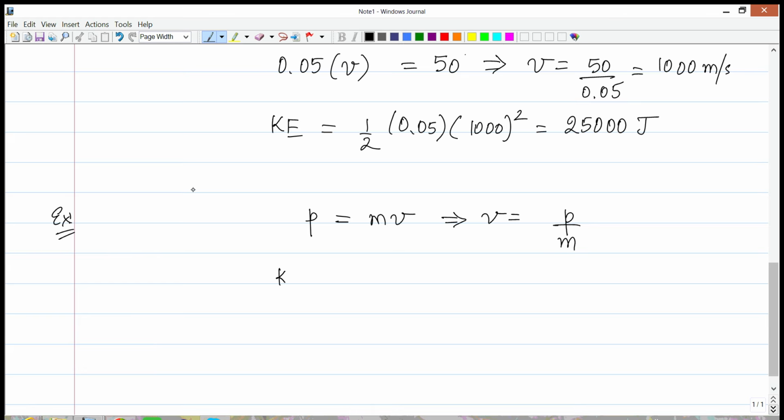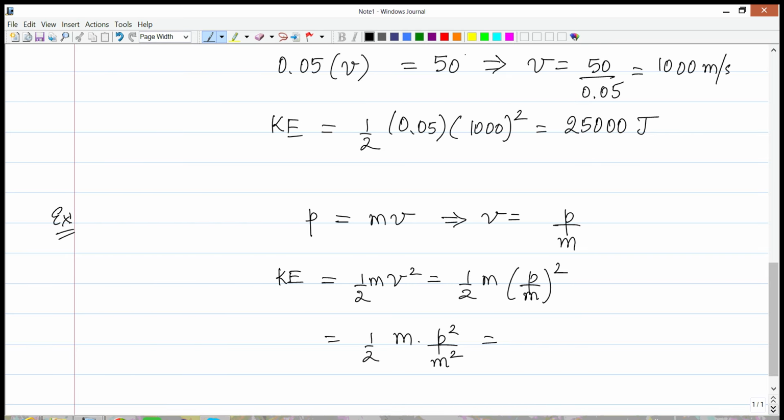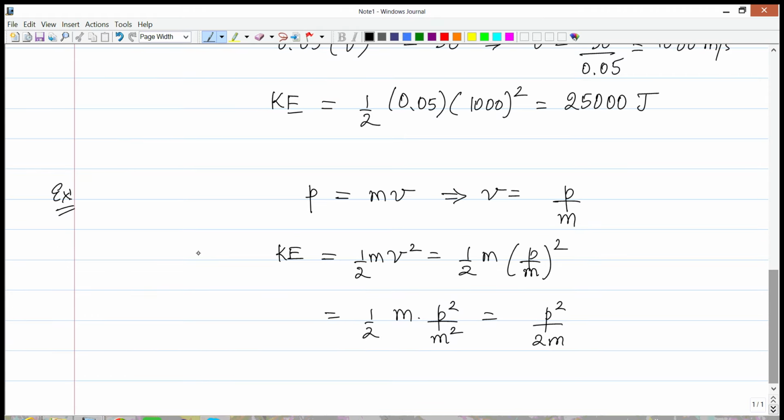Now kinetic energy is 1/2 mv squared. Let us replace the v with what we just found. So it will be 1/2 times m times (P over m) squared, which is 1/2 times m times p squared over m squared. One of the m's cancels out, and we end up getting p squared over 2m. So if you're given the momentum, you can find the kinetic energy simply by doing p squared over 2m.